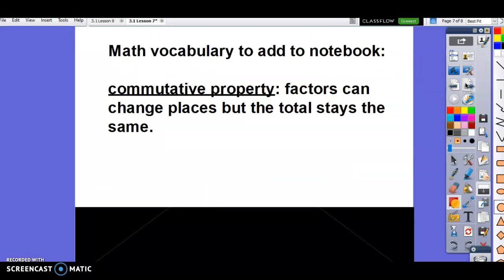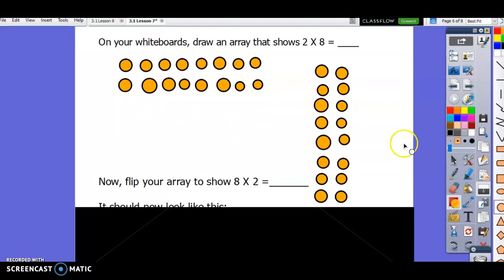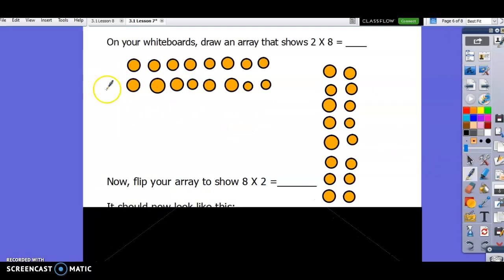Okay, so what I want you to do in your notebook is write, beside your example of the commutative property with your array, on your array, I want you to write 2 times 8 equals 8 times 2.